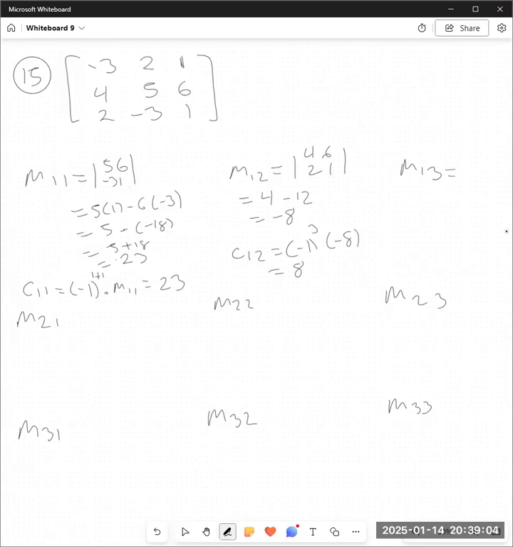So M13 is going to be row 1, column 3, 4, 5, 2, -3, which is -12 minus 10 is a -22. And then C13 is going to be -1 to the 1 plus 3, which is 4, times -22. So that's a +1 times a -22 is a -22.